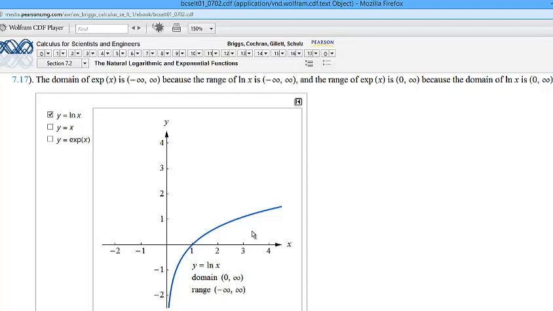Remember what we said the natural log of 1 is? 0. That's good. And if you integrate from 1 to something bigger than 1, you get a positive area. And if you integrate from 1 to something smaller than 1, that's negative area. So that's why the function looks like this.